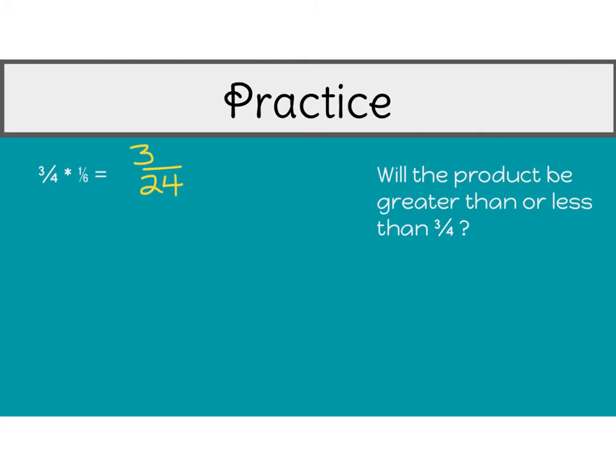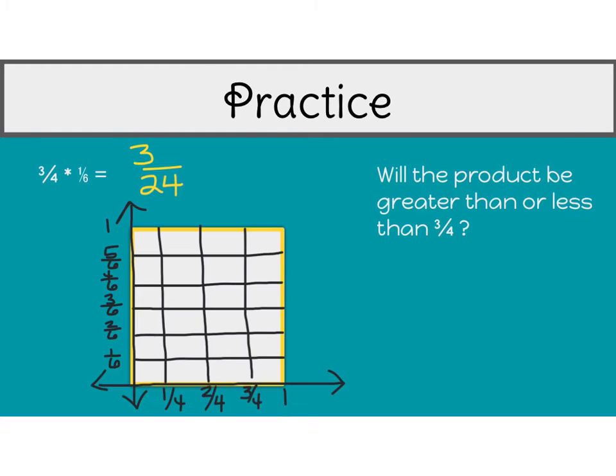So let's take a look at what that might look like if we used an area model to solve it. Okay, so you'll notice that I've now set up an area model for looking at 3/4 times 1/6. So I've divided this direction into fourths to represent our first fraction of 3/4.